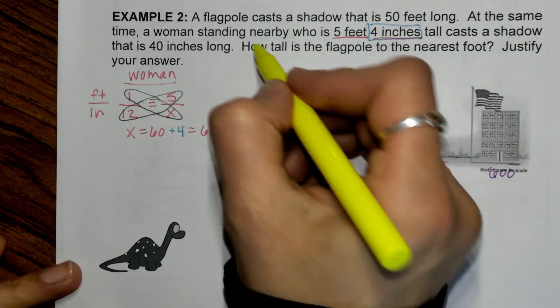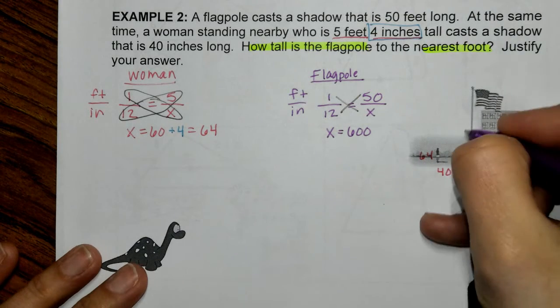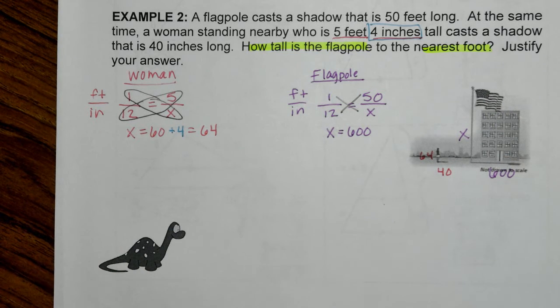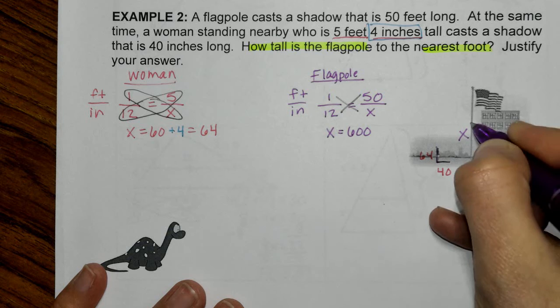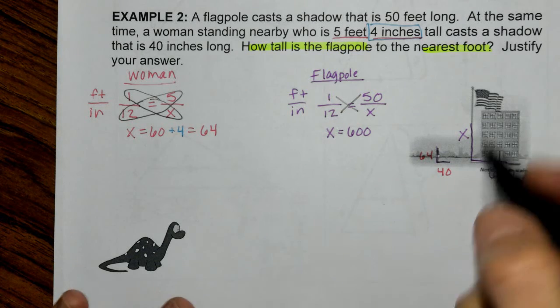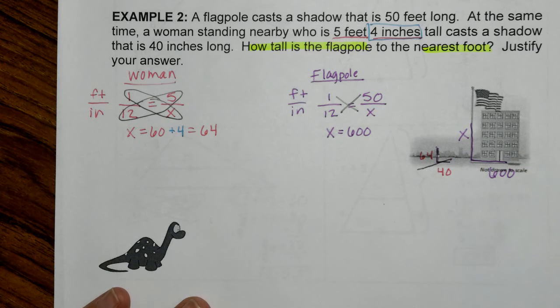We want to know how tall the flagpole is. Again, we're going to convert it to feet in a little bit. So we're looking for the flagpole right here. Whenever I have shadows and buildings and stuff like that, you have 2 little L's here, and that's how I draw them. They don't have pictures. Again, you have your proportion staring right at you. Watch this. The 64 and the 40, there's your first ratio.